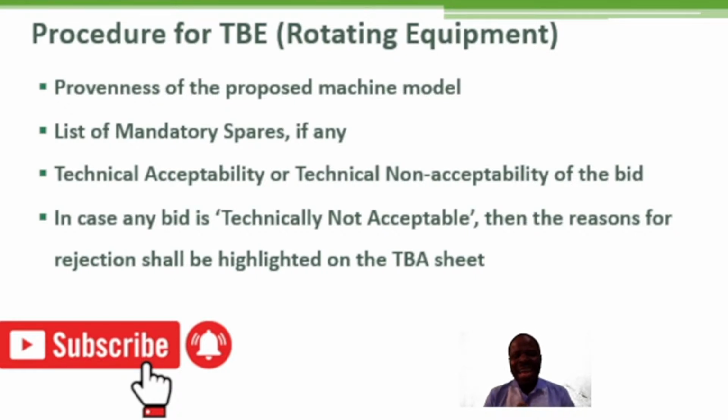So how to carry out all these steps is what I'm going to discuss in this training session today. And of course, in case any bid is technically not acceptable, the reasons for rejection must be highlighted on the technical bid analysis sheet.